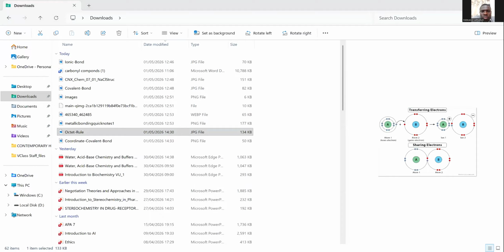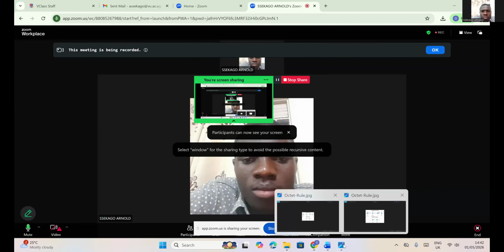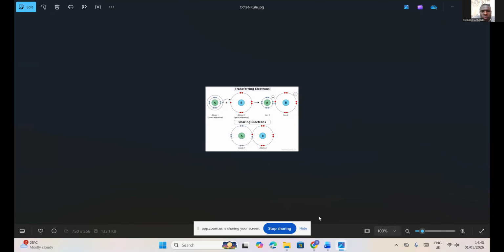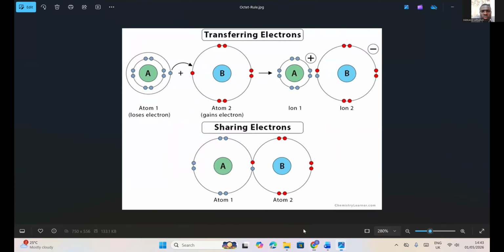I can see it here, but you are not seeing it. I think I have to share the entire screen. So make this illustration. Can you make this illustration?